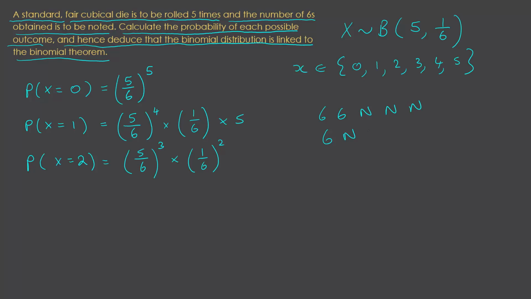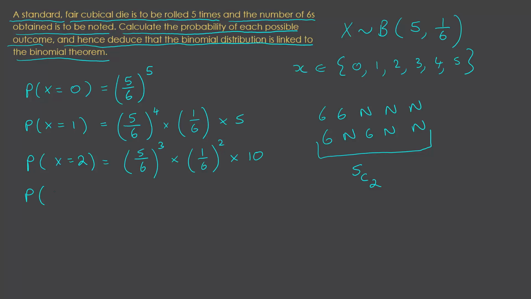Or we could get 6, not, 6, not, and so on. If you think about this, there are 5 choose 2 ways of arranging those 6s. So here we multiply by 5 choose 2. 5 choose 2, if you calculate it, is 10.